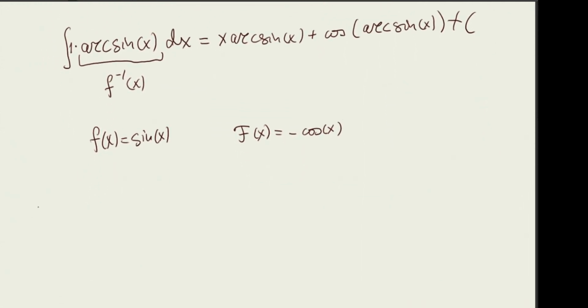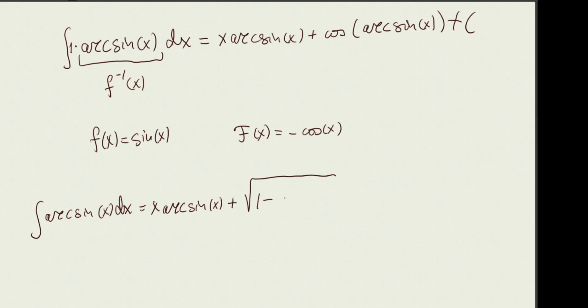So let me just rewrite it one last time. The integral of arcsin of x dx equals, of course, x arcsin of x. And here, we can write cosine as the square root of 1 minus sine squared of, and what we have here is the arcsin of x.